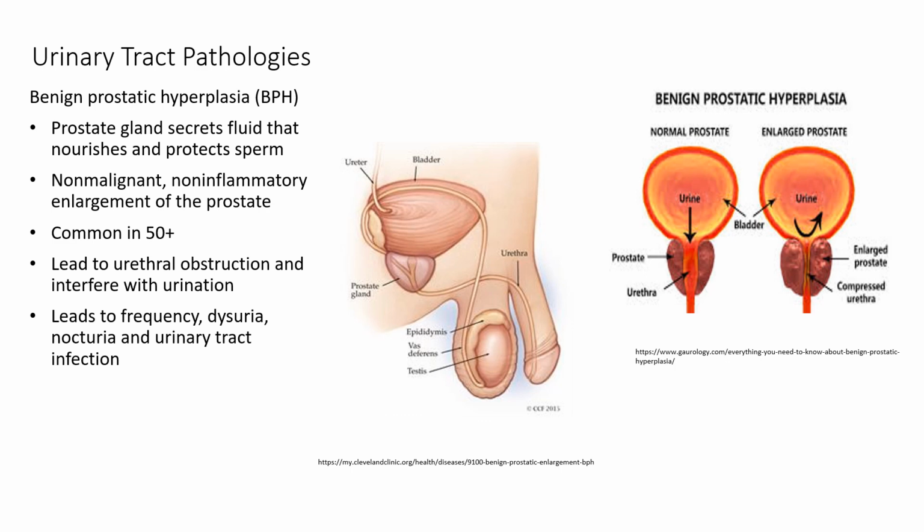And so here it talks about benign prostatic hyperplasia, BPH, which is a common one. A lot of times it's common, 50 plus. It's enlargement of the prostate. It's not cancerous. It's not inflamed at all with that.